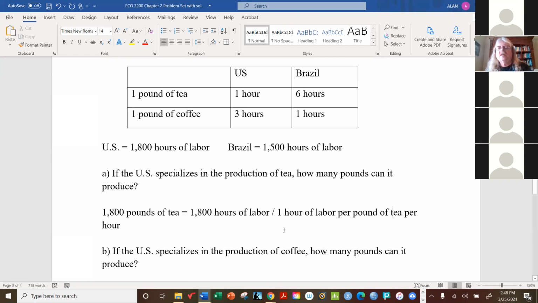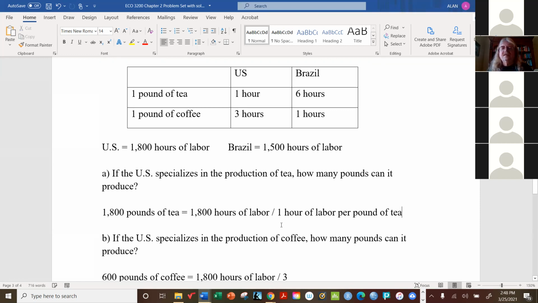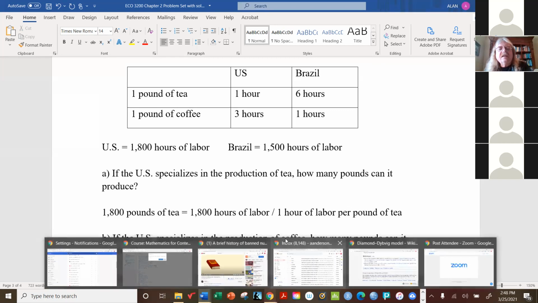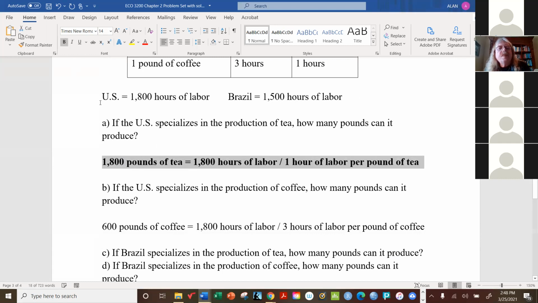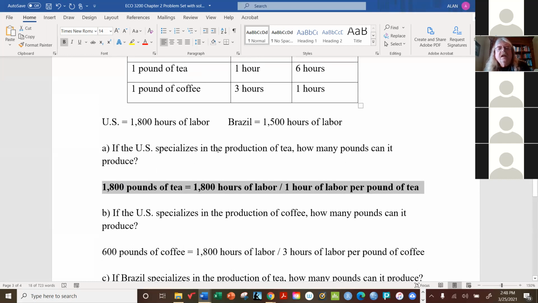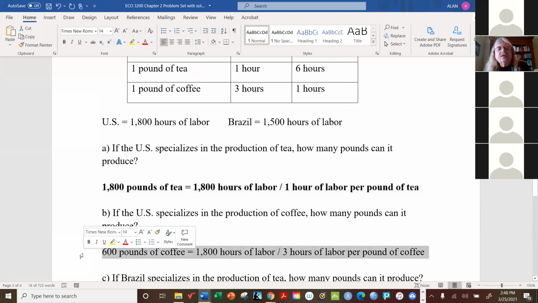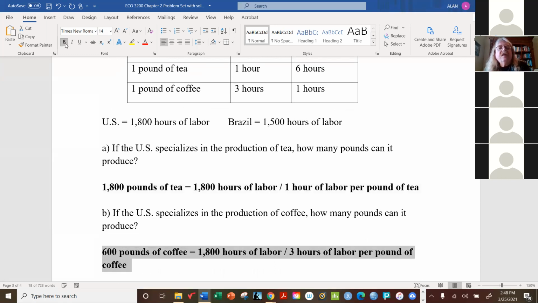I think that would be more consistent. So here, I want you to see that it takes 3 hours of labor per pound of coffee. Therefore, the ratio that I need in the first case is 1,800 over 1 for 1 hour, and here I need 1,800 divided by 3. So even if I specialize completely in coffee, the US can only make 600 pounds.